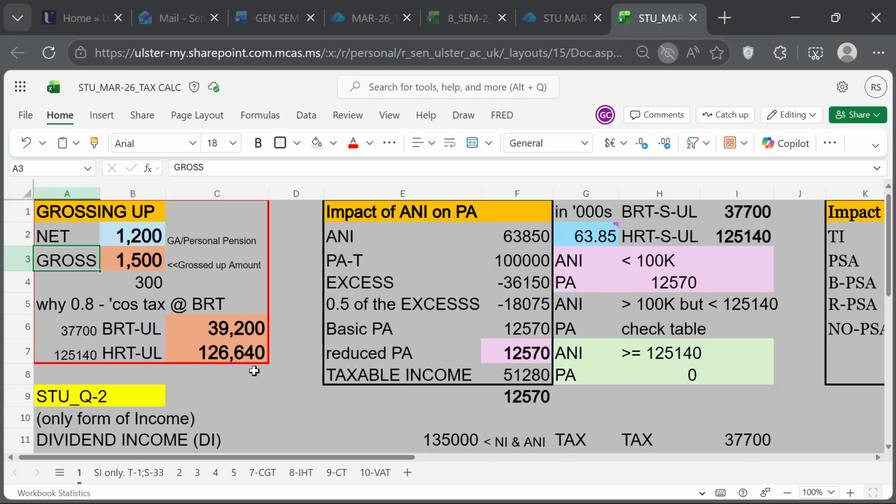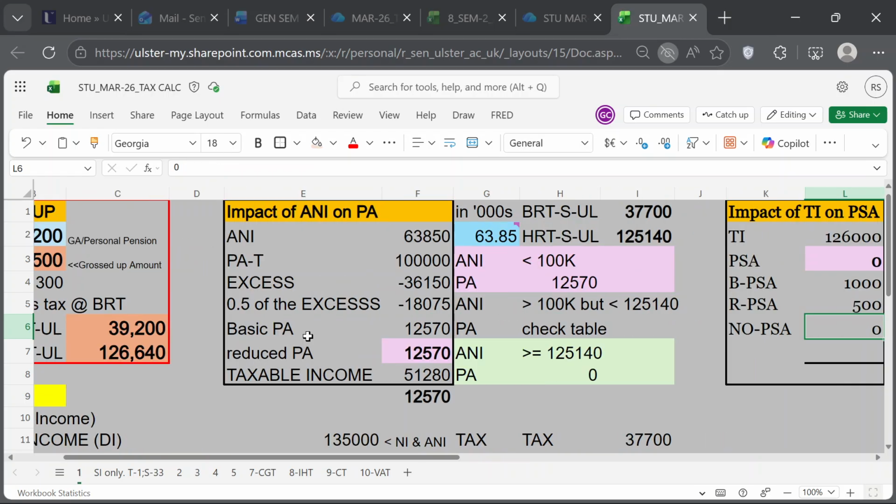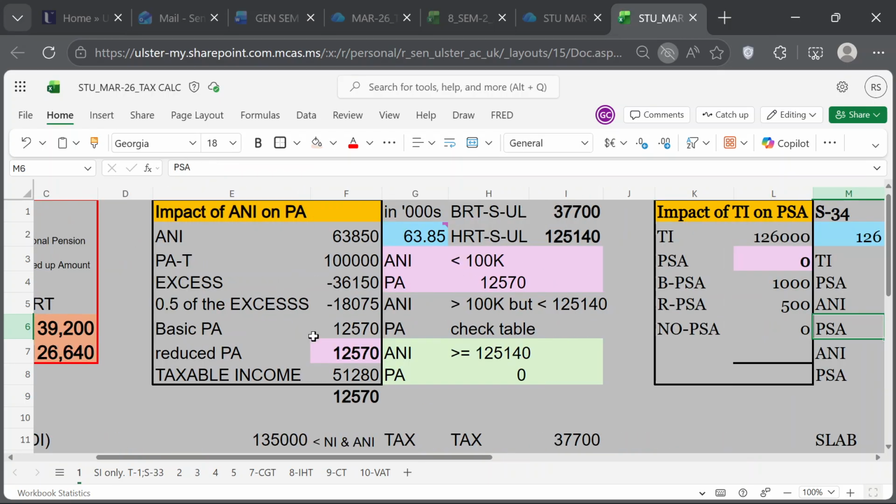The correction is that I will change the earlier instruction in your notes file, where I had said that even if these two have been changed to these two because of the gift aid contribution, you still have to compare TI to these two numbers.